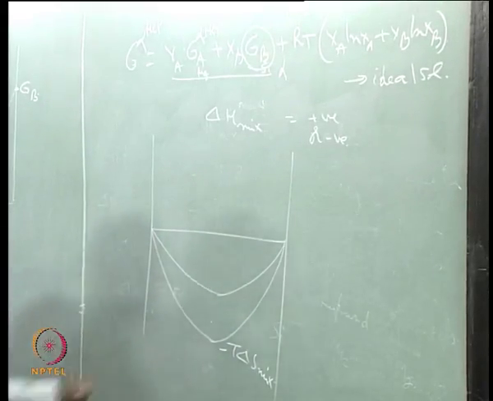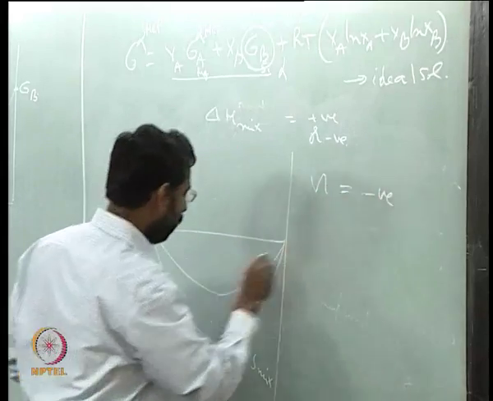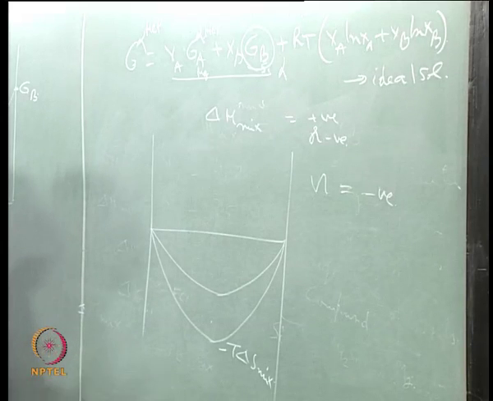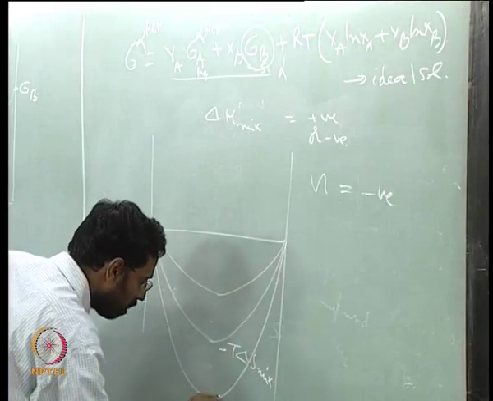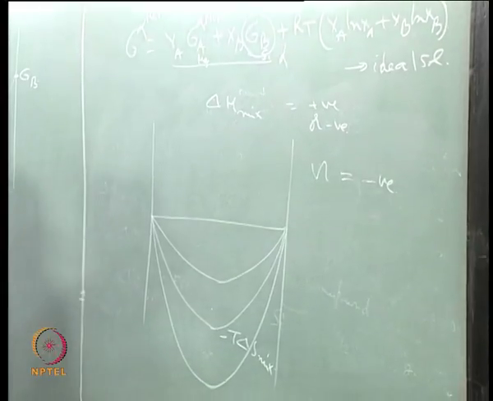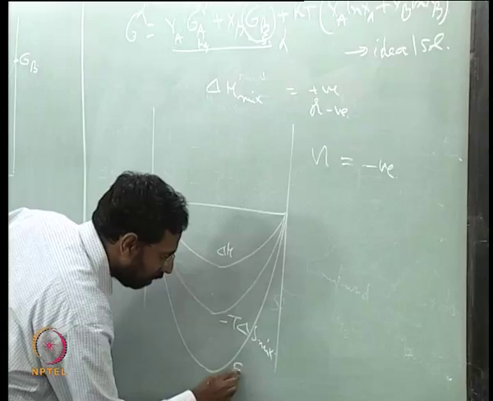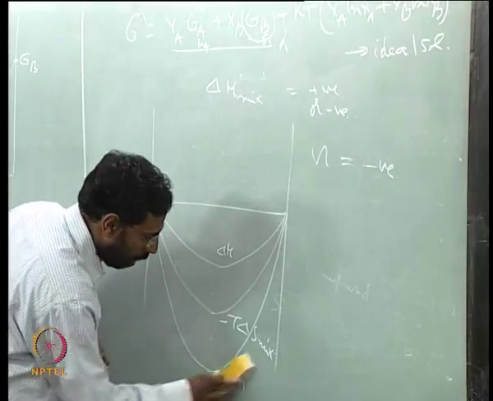As a result, if omega is negative, this will be a symmetric curve, and my free energy function would be this. This is delta H and this is G of alpha.